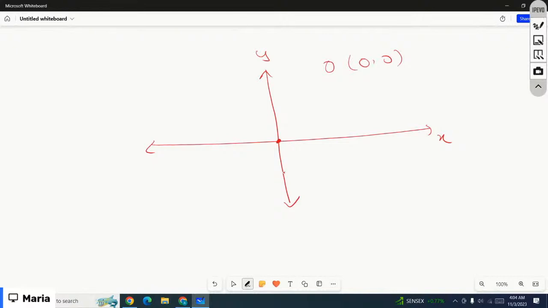The right side of the origin is all positive values. On the left side of the origin you have all negative values, all values that are less than 0. Above origin, you have all positive y values. Below origin, you have all negative y values, right?